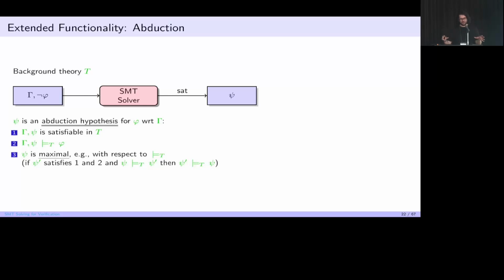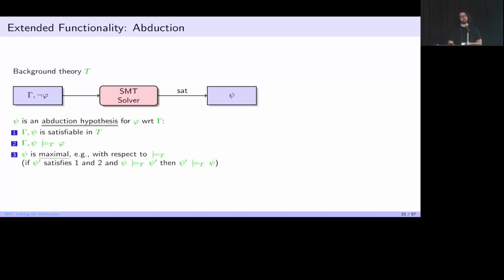You want gamma and not phi to be unsatisfiable, which would correspond to the entailment between gamma and phi. However, it is not the case that this entailment holds. It's not the case that gamma and not phi is unsatisfiable.